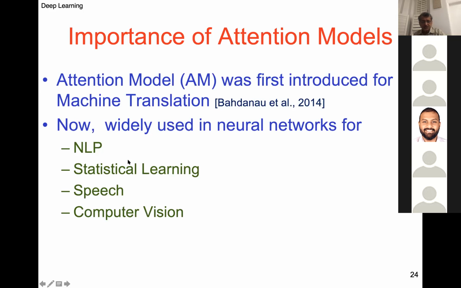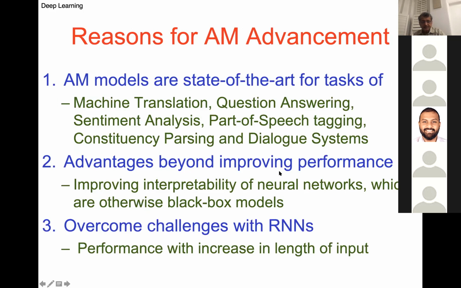Now it's widely used in neural networks for NLP, statistical learning, speech, computer vision, etc. And attention models are state of the art for tasks of machine translation, question answering, sentiment analysis, part of speech tagging, dialogue systems, and so on. And there are advantages beyond improving performance: improving interpretability of neural networks, which are otherwise black box models.